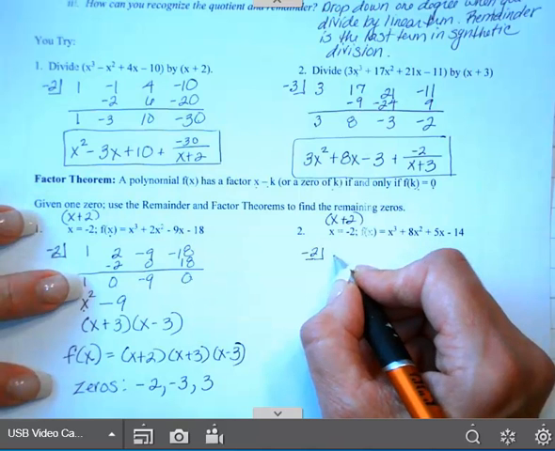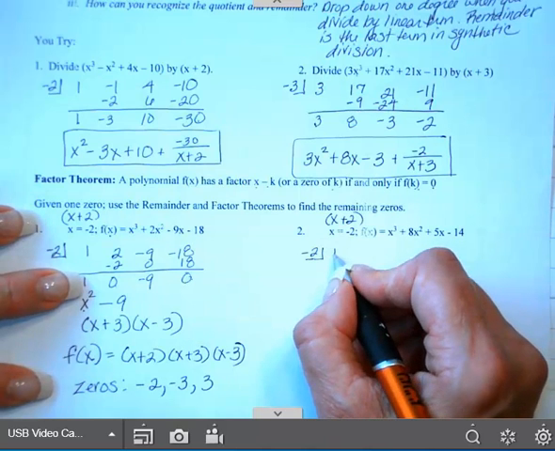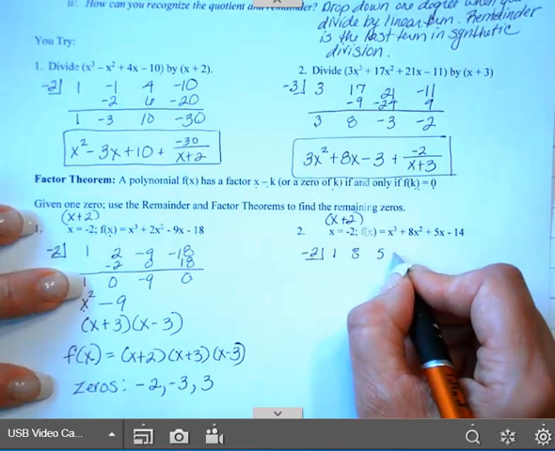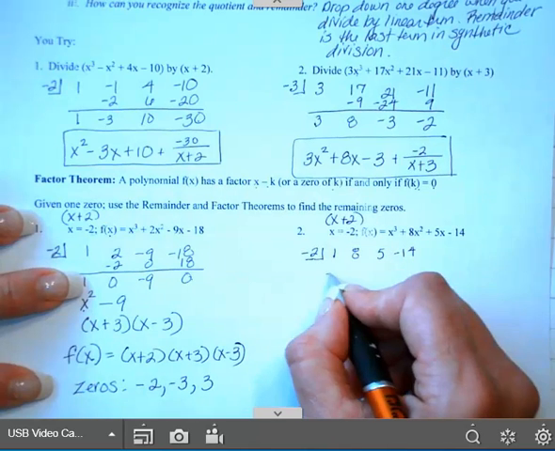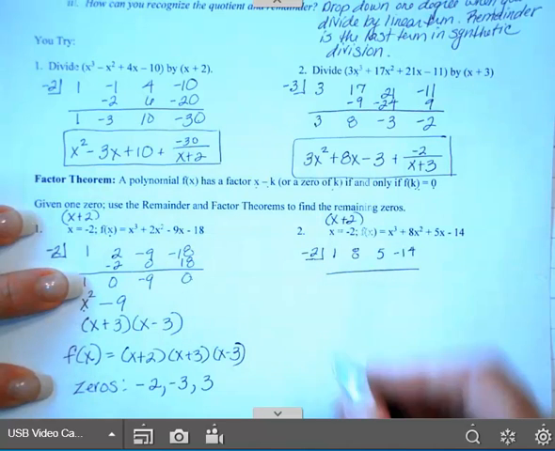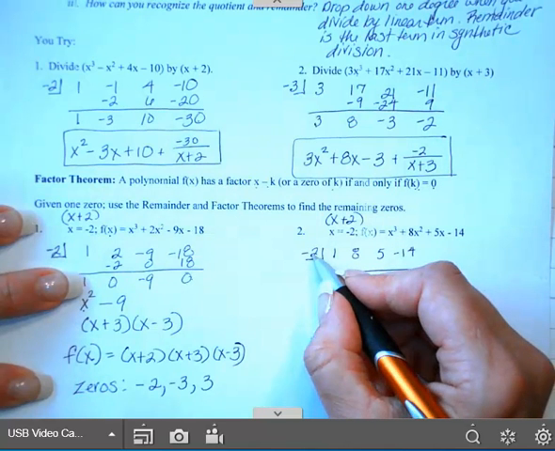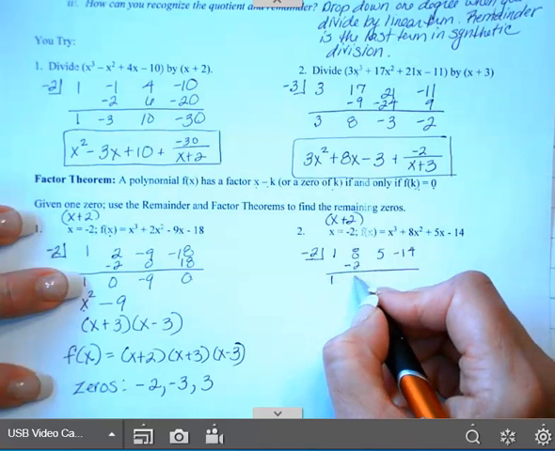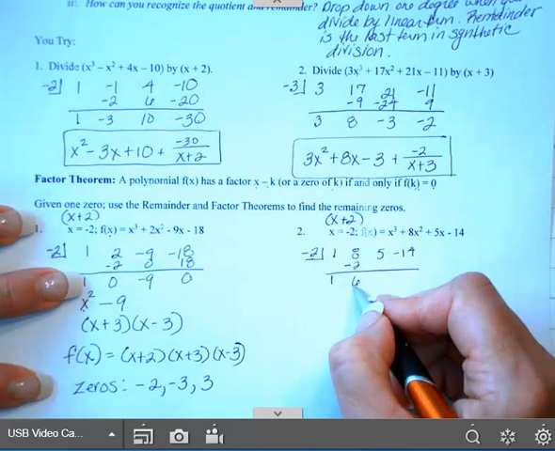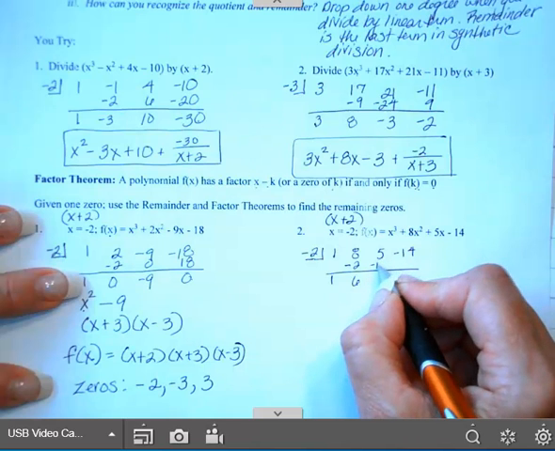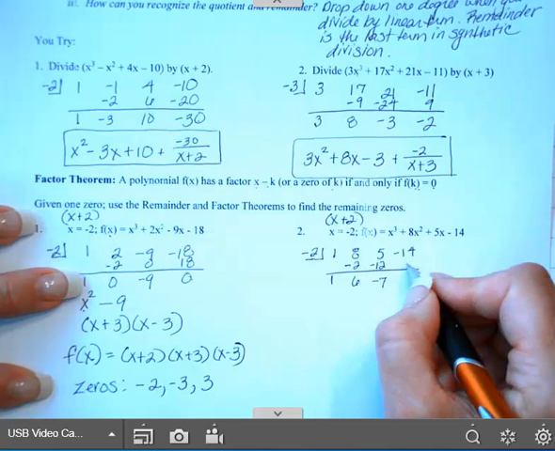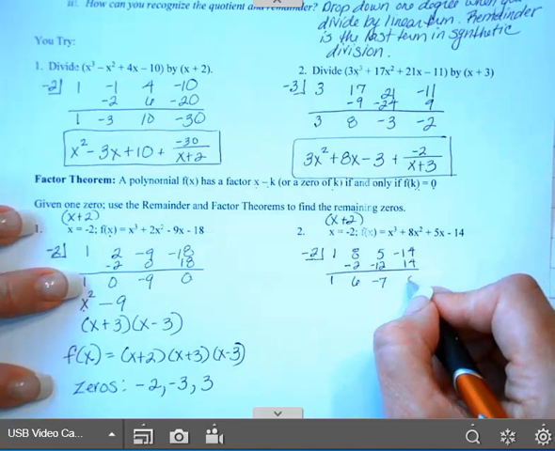My coefficients of my dividend are 1, 8, 5, and -14. Draw your horizontal bar, drop your first term, multiply, -2 times 1 is -2, and add, gives me 6. -2 times 6 is -12, and add, it's -7. -2 times -7 is 14, and add, and I get 0.